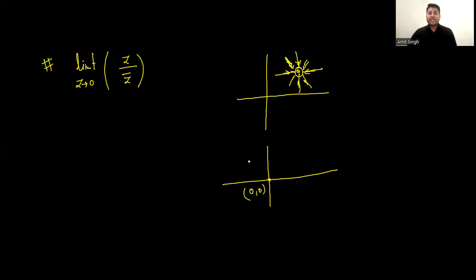So I am approaching this point through all the possible paths. If it gives the same limiting value, we will say the limit of the function exists, otherwise it does not exist. Clear?